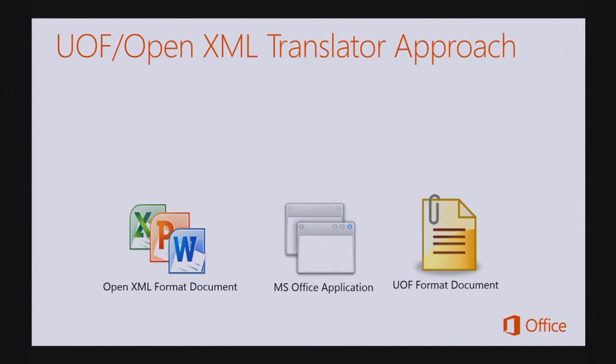Now, Microsoft Office can deal with the OpenXML format. It's like two different file formats are two different languages. Then we can imagine what will happen if two different persons, like I speak Chinese and you speak English. How could we communicate if I can't speak English? We'll find a translator, right?